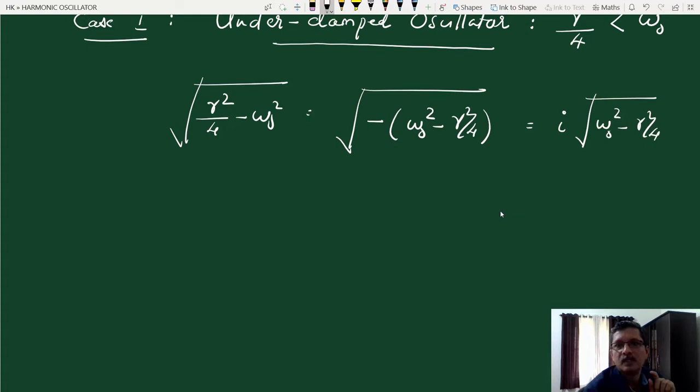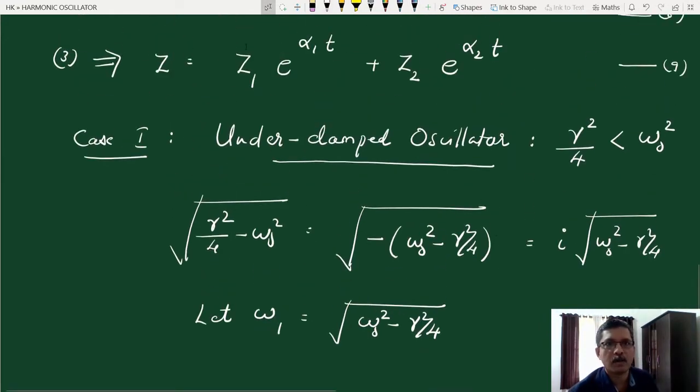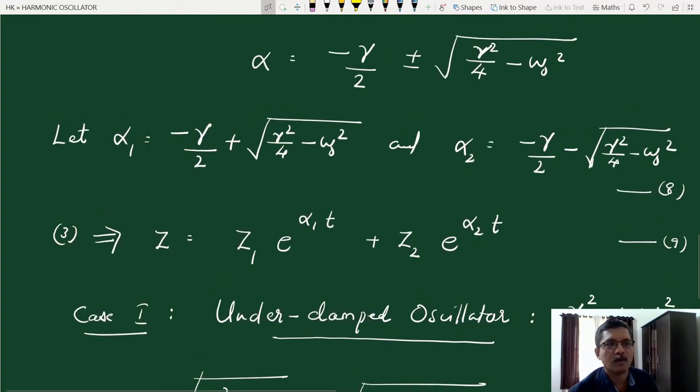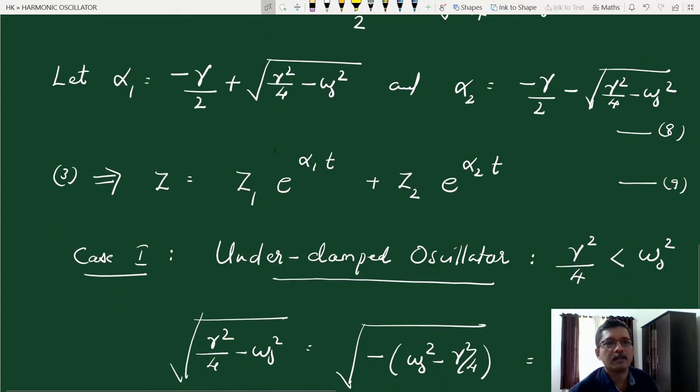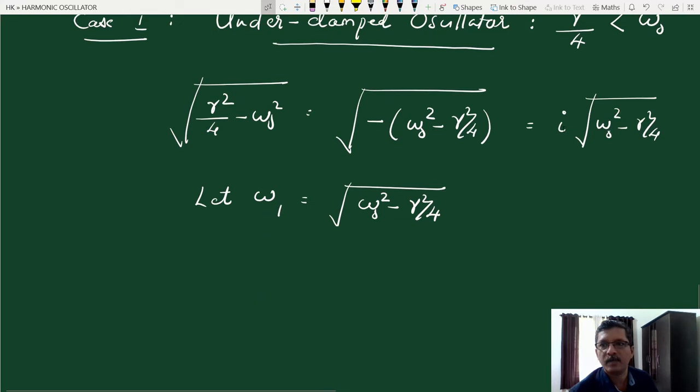Now let me define a frequency omega 1 as square root of omega 0 square minus gamma square by 4. Therefore the exponential part, alpha 1 and alpha 2, can be written in terms of omega 1. There will be an extra i term.